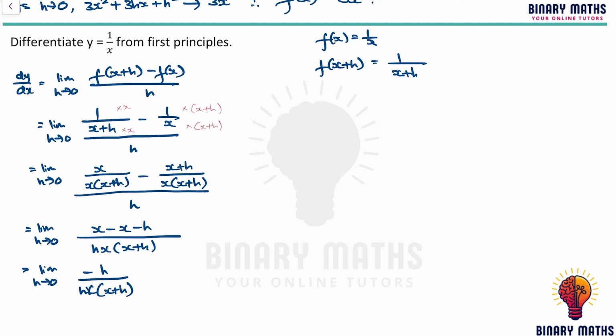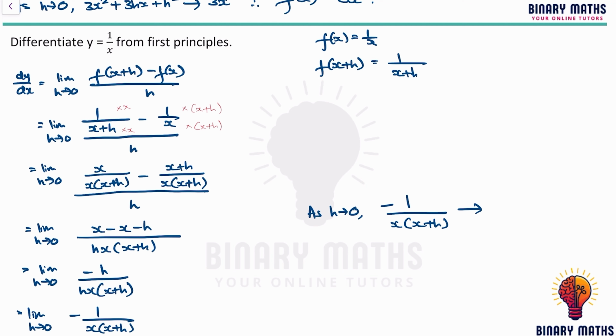Then you can cancel out a factor of h in the top and bottom. So you get the limit as h tends to 0 of minus 1 over x times (x + h). And again, you can't do anything more than that. So at this point, you say as h tends to 0, what is happening to this expression? Minus 1 over x times (x + h) will tend to what?